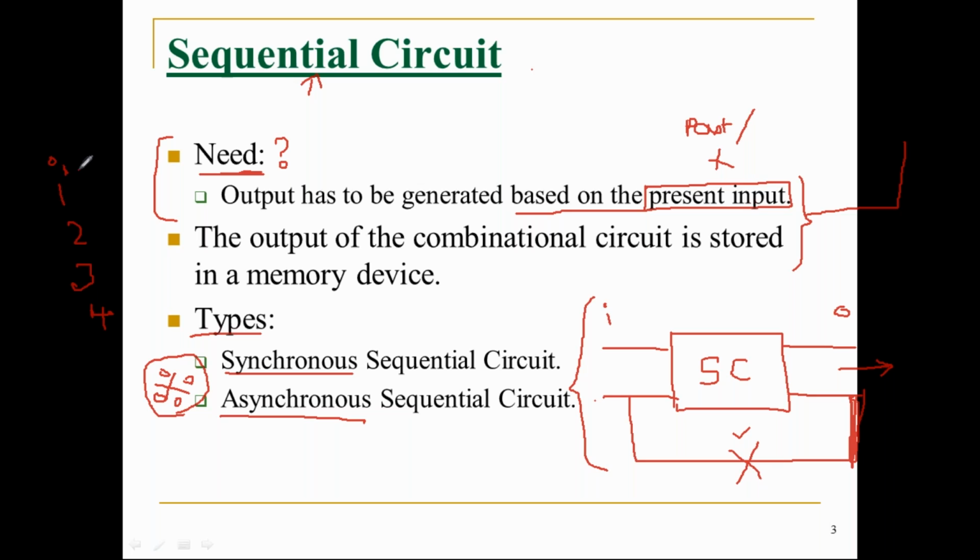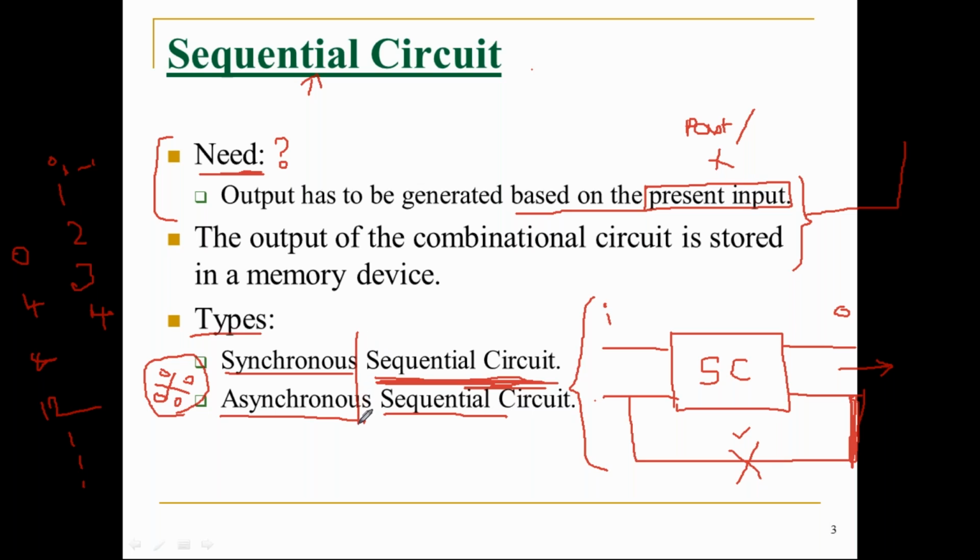Sometimes it may be 0, then 4, then 8, and then 12. Whatever the output may be, it follows a certain sequence. So we call this a sequential circuit.